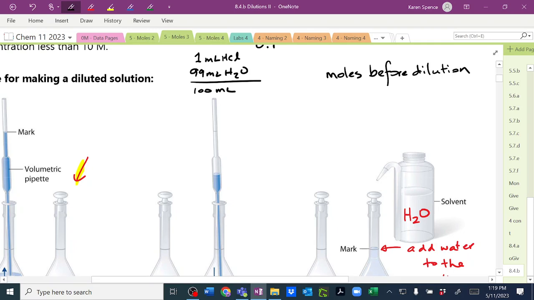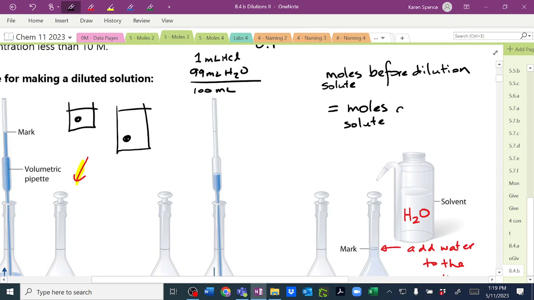My moles of solute, I add water. What happened to my moles? They stay the same. So the moles of solute before dilution are equal to the moles of solute after dilution.